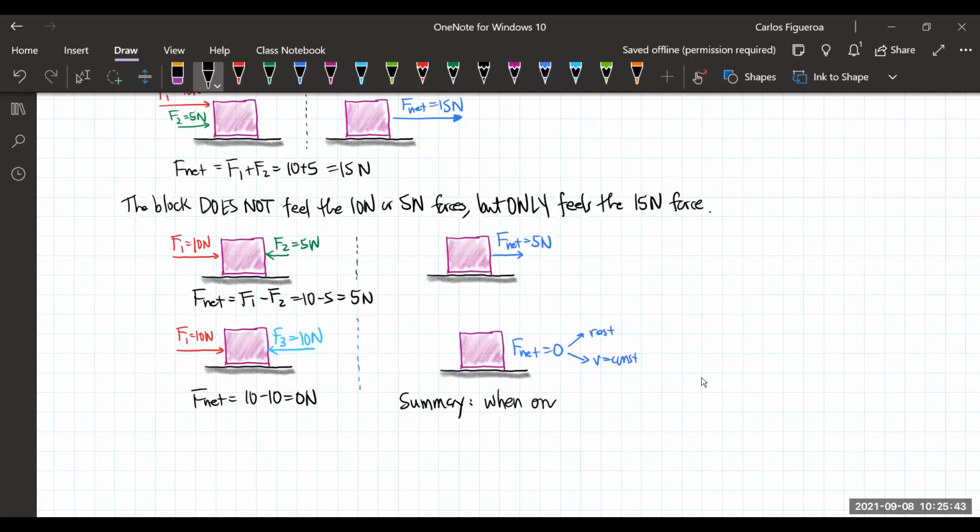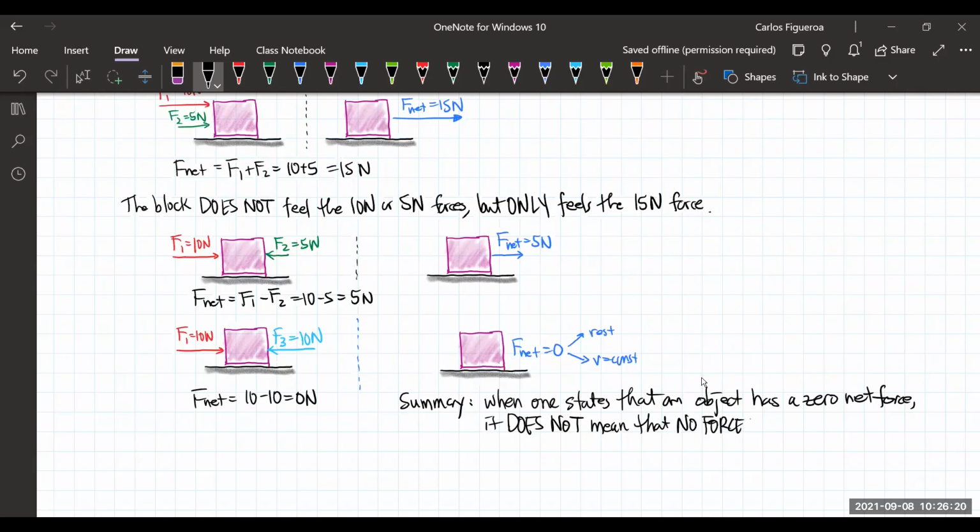When one states that an object has a 0 net force, it does not mean that no forces are acting on it.